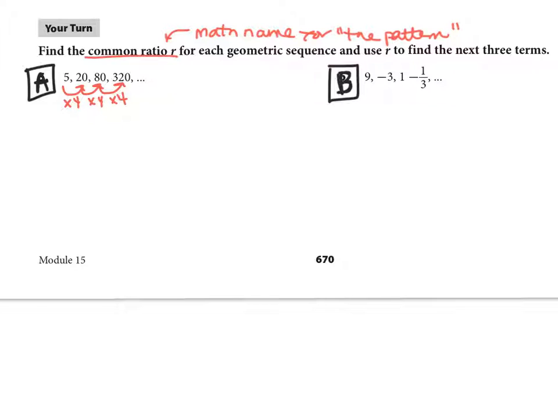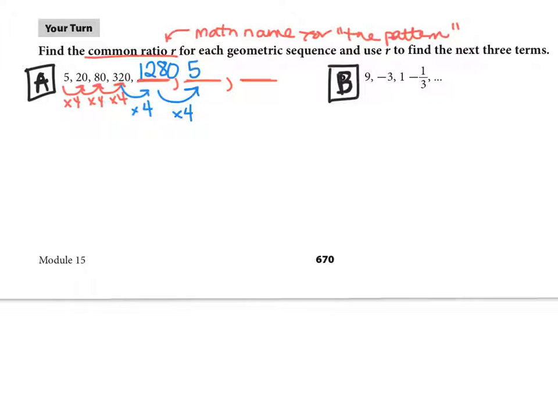And now they want me to find the next 3 terms. This is not any huge mystery. To find the next 3 terms, we just need to keep the pattern going. So I'm going to multiply by 4 again, and when I do that, I'm going to get 1,280. Now I'm going to take the number 1,280 and multiply by 4 again.